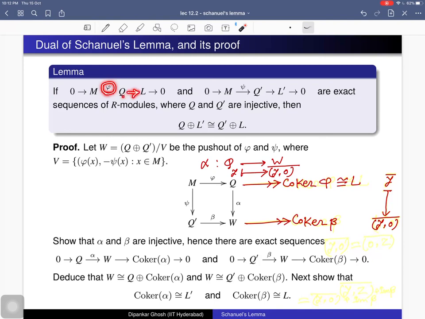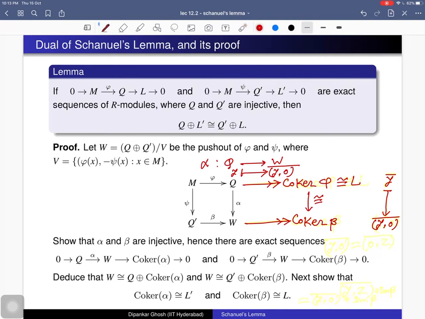So, Q modulo kernel of this map, that means Q modulo image of phi, is isomorphic to L. That is the first isomorphism theorem. So, considering this short exact sequence, co-kernel of phi is isomorphic to L. Once we prove that this map is an isomorphism, then we are done. Then we have this isomorphism. So, let us verify this isomorphism.